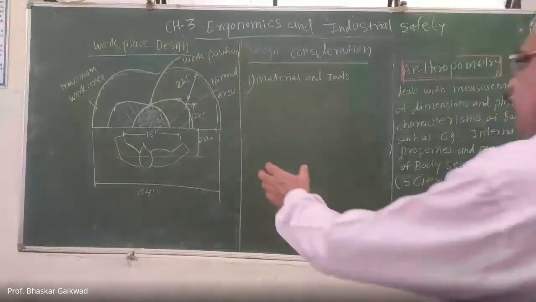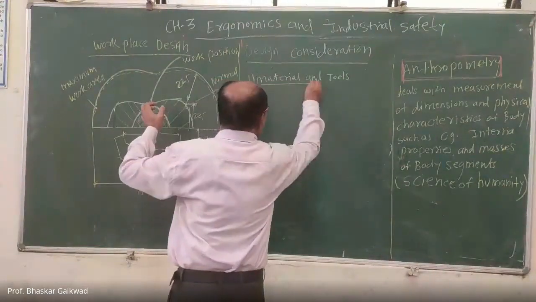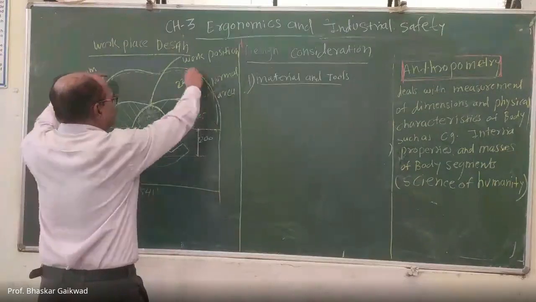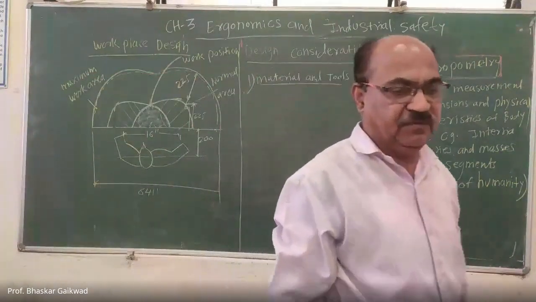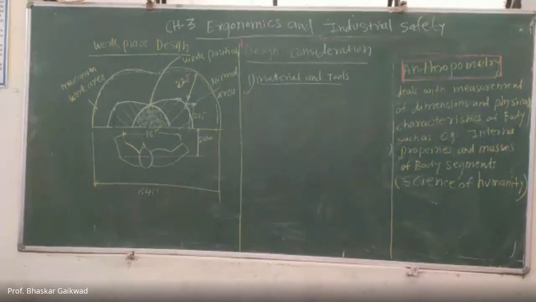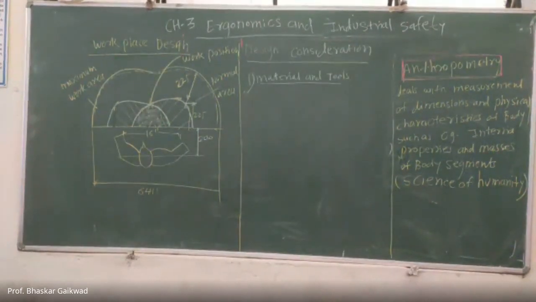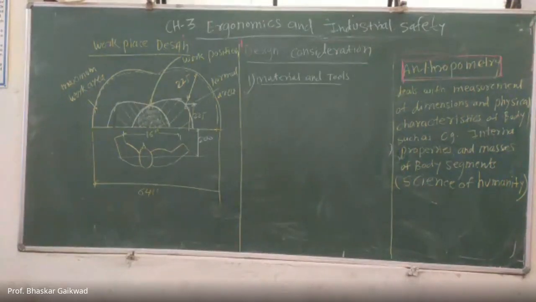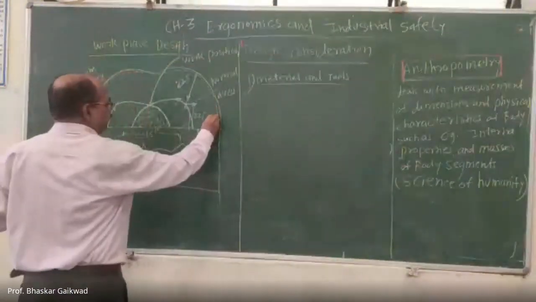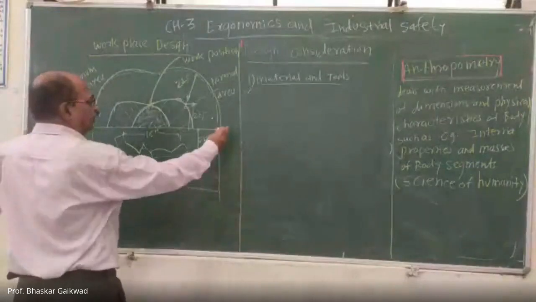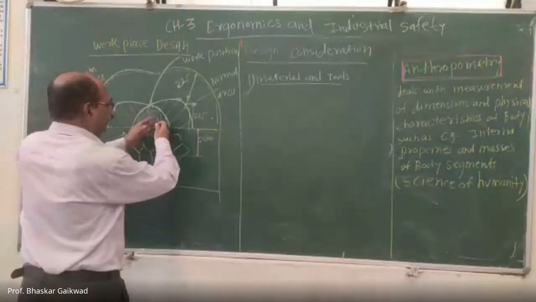So here is the assembly. This material and tool should be within this area, in a predetermined position. It should be within that maximum working area, which means just by moving your hand easily, you will get that particular part. For example, if you decide the tool is here and the material is here, you will reach for it this way.